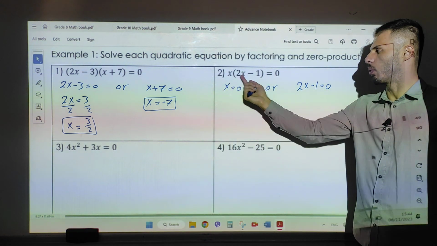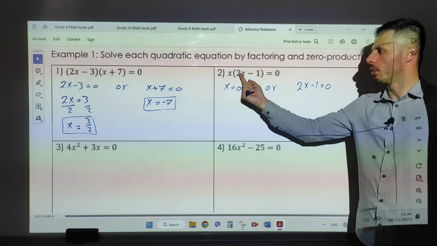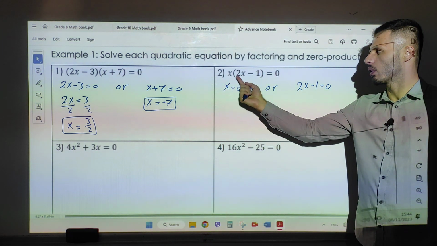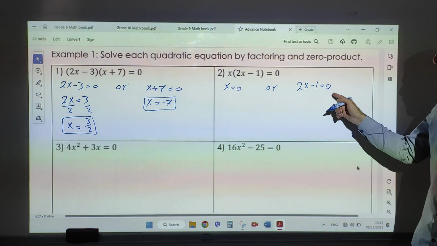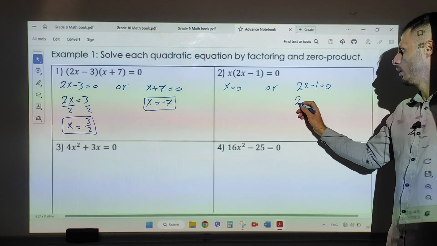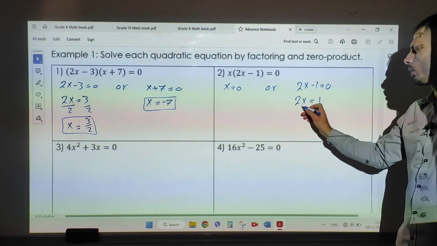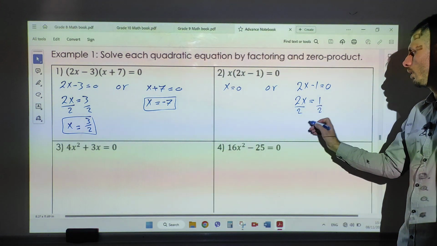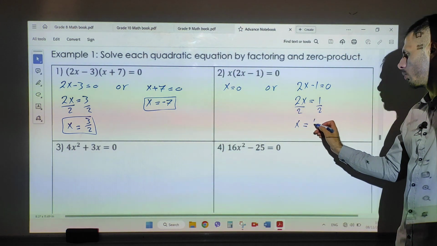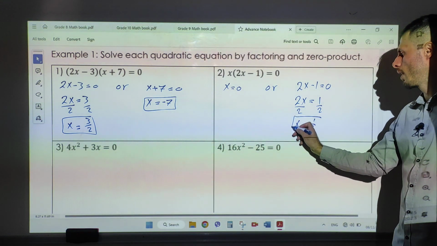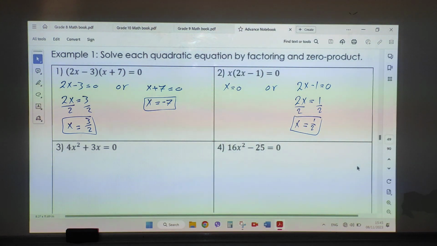What multiplies what? This one multiplied by this bracket, so this one equals 0 or the bracket equals 0. To find out this one, we get 2x equals positive 1. We divide it by 2, and x would be 1 over 2. This is the final result for this one.